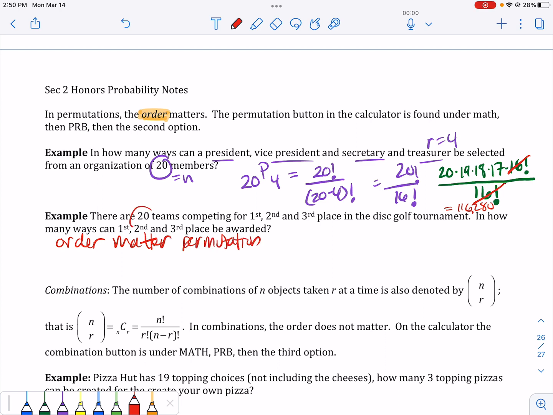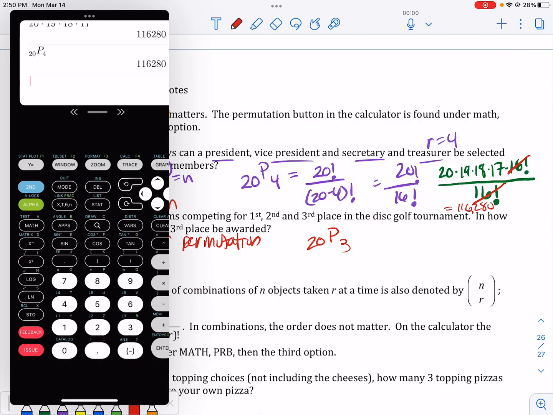So we've got a total of 20 teams, so our N is 20, and we're picking first, second, and third. So we're going to do 20 permute 3. Okay. Now, on my calculator, I can do second enter, and then since 20 was our previous one, I can just hit delete and then put 3. So we only have 6,840 ways to pick 3 different options.